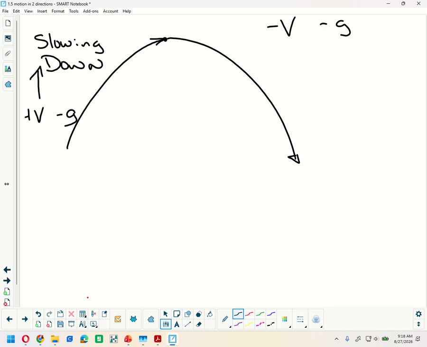What do I know about the object as it's going down? If it goes straight up to here, what happens after that? Is it increasing or decreasing? Increasing. Gravity is pulling it down. At this point, it stops going up and starts going down, faster and faster as we go. So negative velocity, negative gravity, it is speeding up.